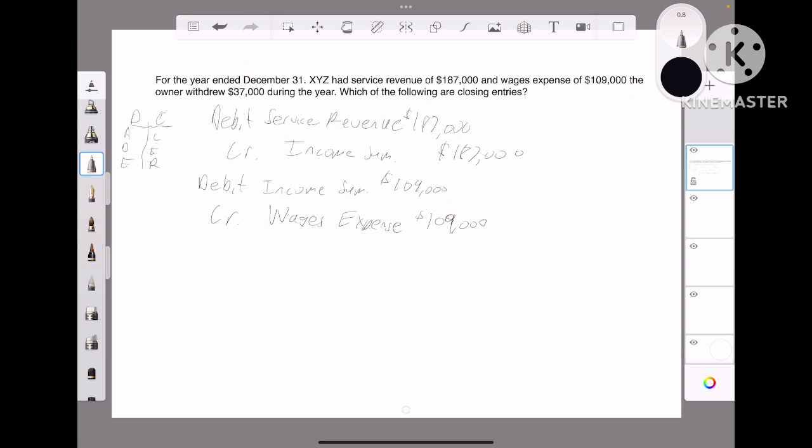Now the owner withdrew $37,000 during the year. So we'll debit the owner's capital and credit owner's withdrawals.